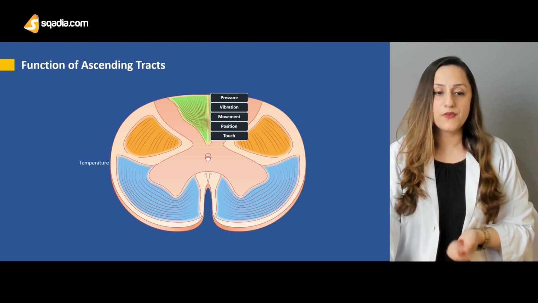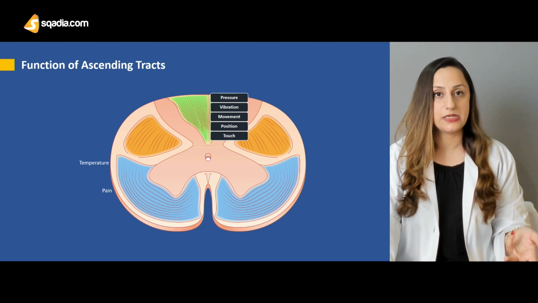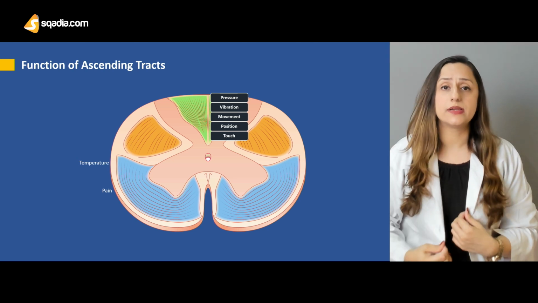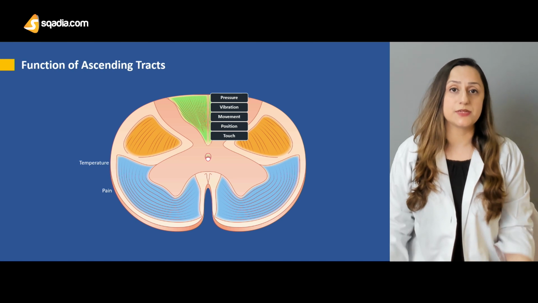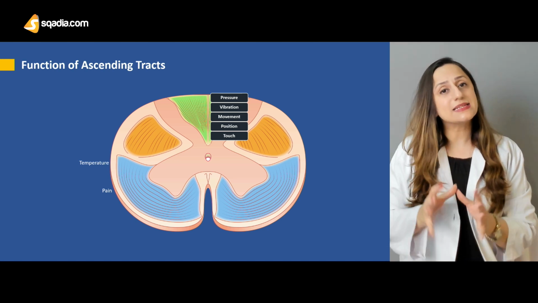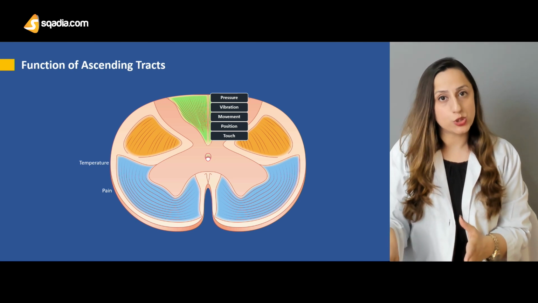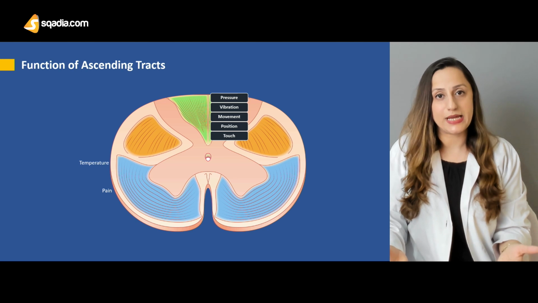Then we have the lateral columns, and they are taking information which is primitive in nature. Even when a child is born, and is young enough that the reflexes are not yet evolved, the child can still sense hot and cold objects. He still responds to any painful stimuli.